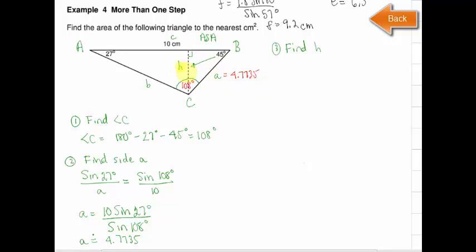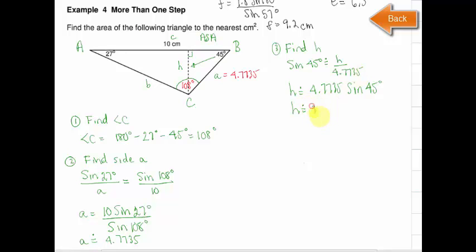So the trig ratio that uses opposite and hypotenuse is sine, so I'm looking for the sine of 45 degrees, which is equal to the opposite, H, over the hypotenuse, which is 4.7735. And so H is equal to 4.7735 times the sine of 45 degrees, and I will get an approximate value for H, and this is all approximate by the way because 4.7735 is rounded off, right?